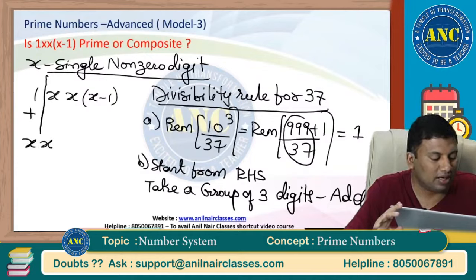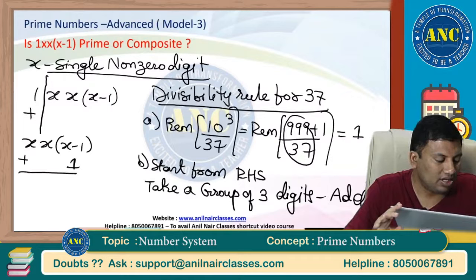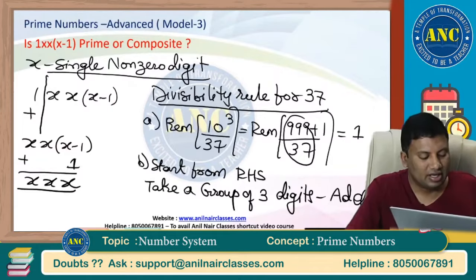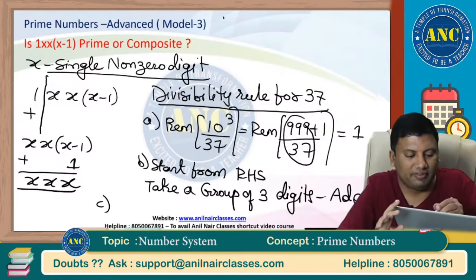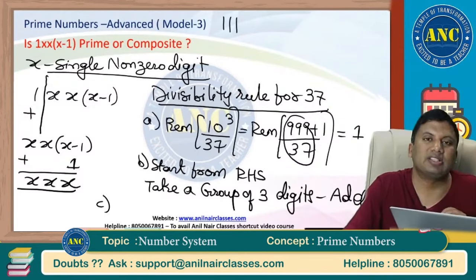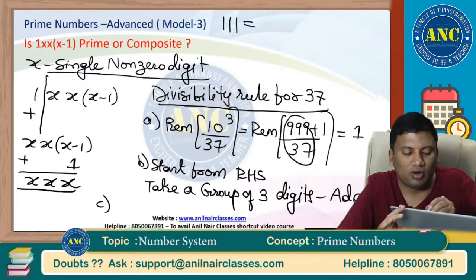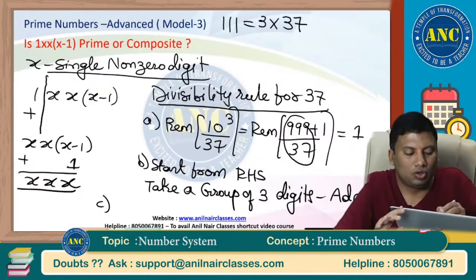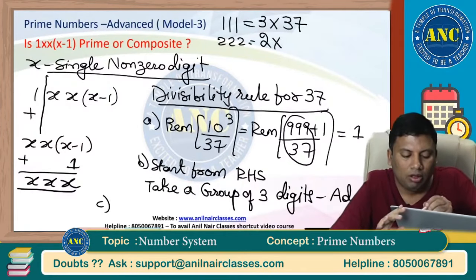This is nothing but x, x minus 1, plus 1, which is nothing but xxx. Third point, suppose it is 111, x written thrice. 111 is nothing but 3 into 37. 222 is 2 into 3 into 37.